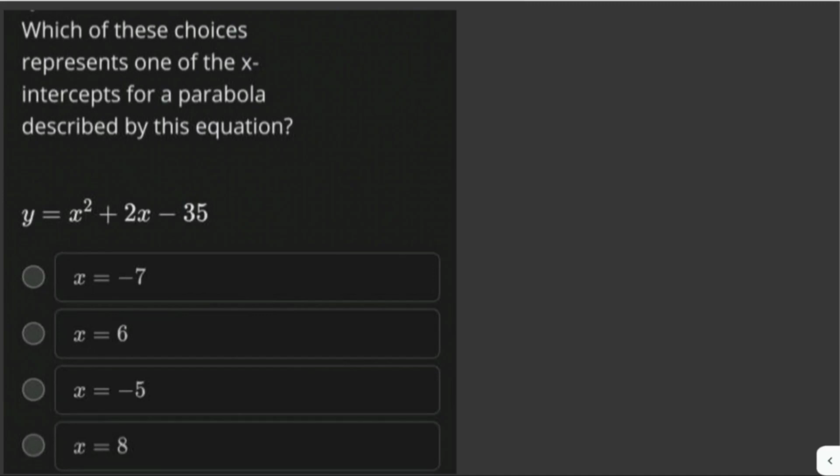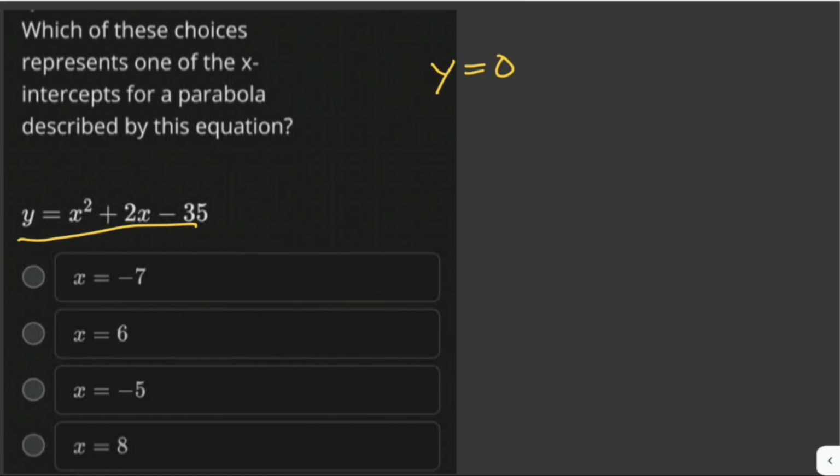Which of these choices represents one of the x-intercepts for a parabola described by this equation? So we're given the equation y equals x squared plus 2x minus 35. Now to solve for the x-intercept, we need to set y equals 0.